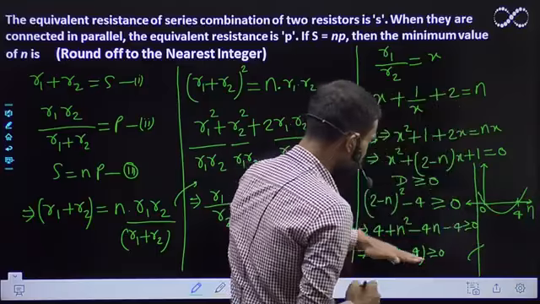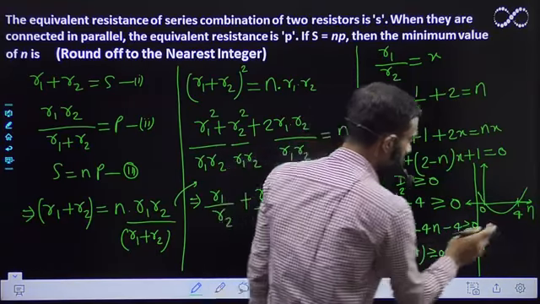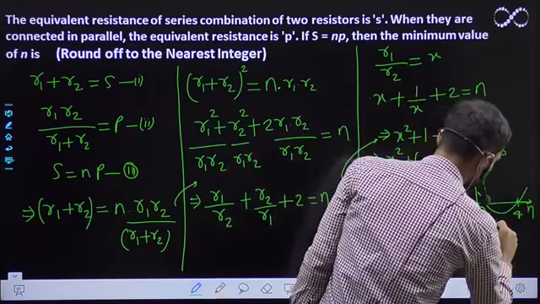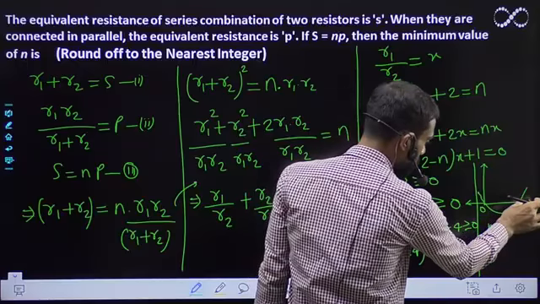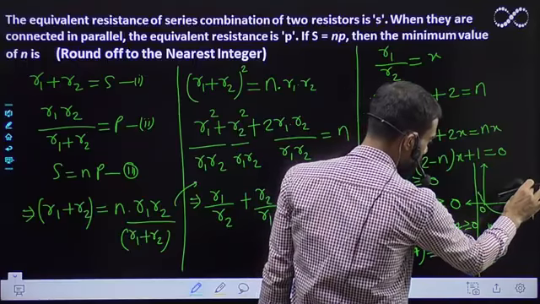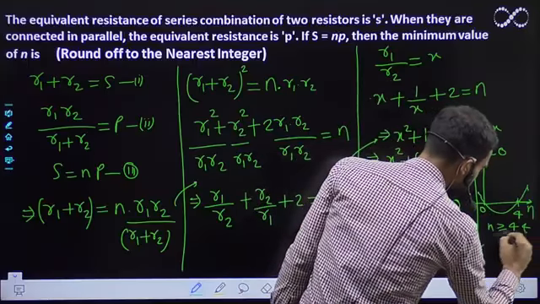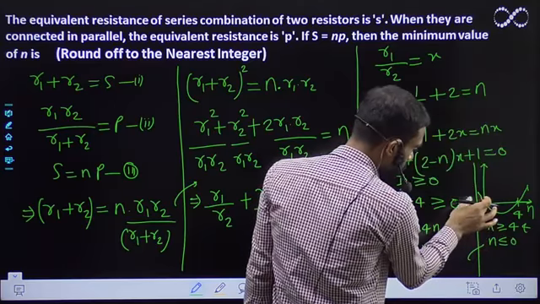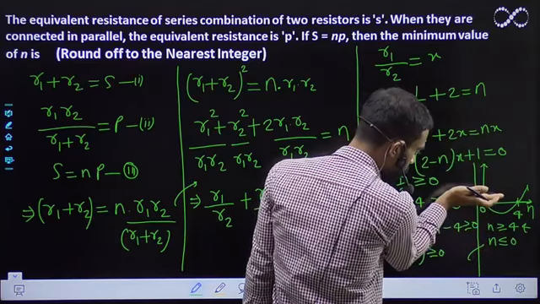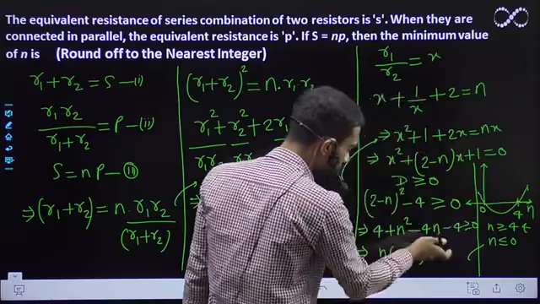So you can see the solution of this inequality is N greater than equal to 4, because in this region only the value is coming greater than equal to 0, and another is N less than equal to 0, because when the N is less than equal to 0 in this region also, the graph is above the N axis, so this will become greater than equal to 0.